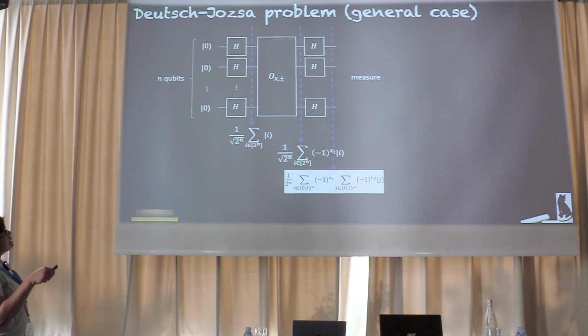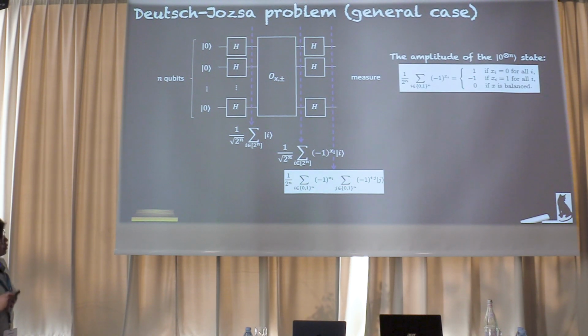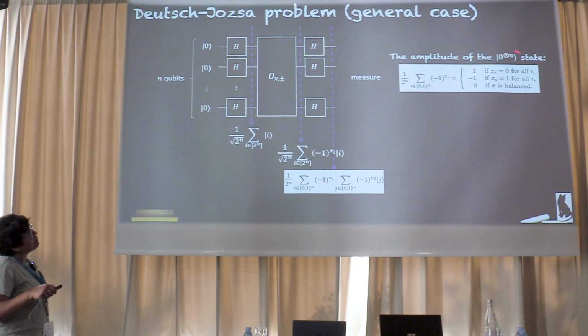But now what I do is I apply Hadamard, and after applying Hadamard, my state now looks like this. You can just take this as a black box now, but if you want you can calculate at home. Now let's analyze. The cool part is, let's look at the amplitude of just the 0 to the little n state, meaning if my j was just the all-0 string.